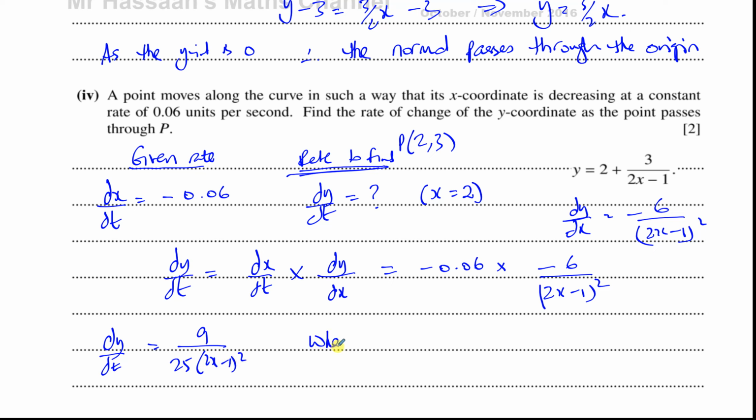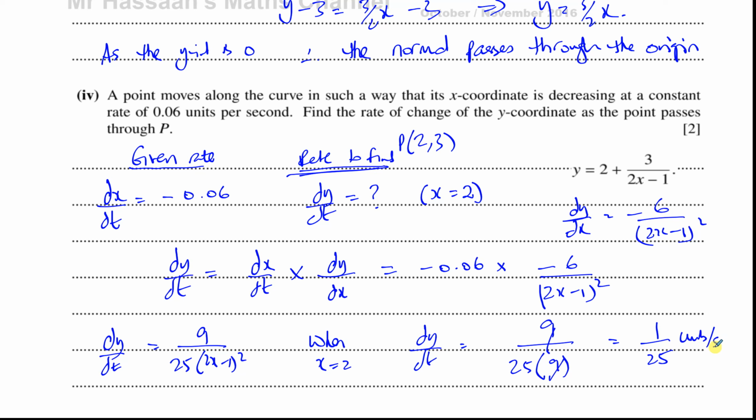So when x equals 2 is when you have to find it. When x equals 2, dy/dt is going to be 9 over 25 times 2 times 2, which is 4, minus 1, which is 3 squared, which is going to be 9. So those cancel out, and you're left with 1 over 25 units per second.